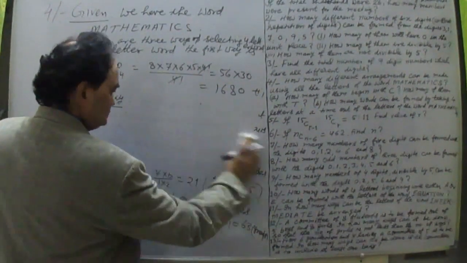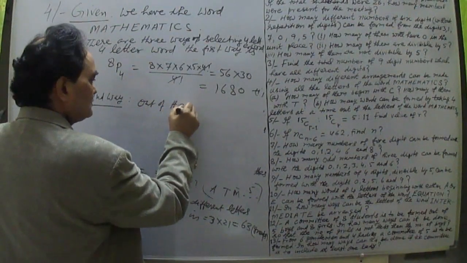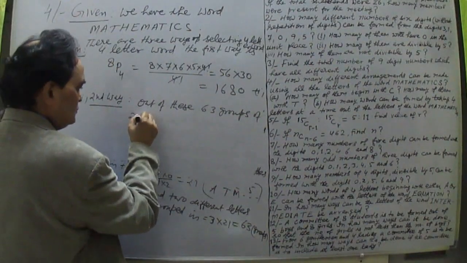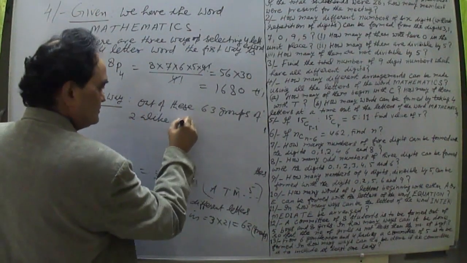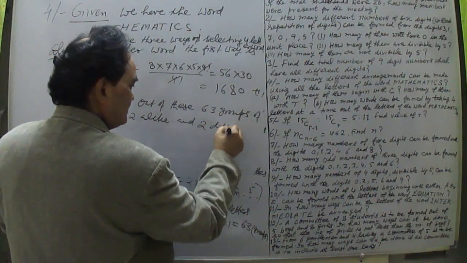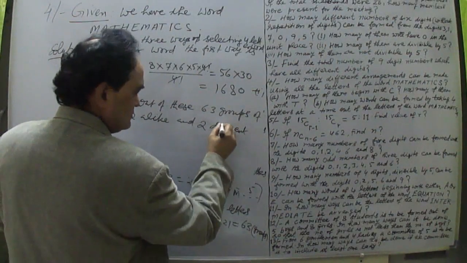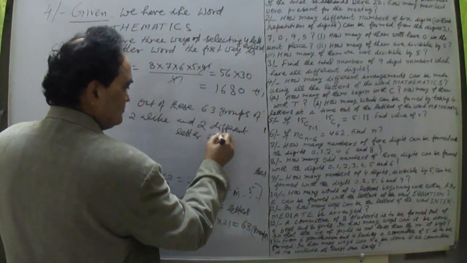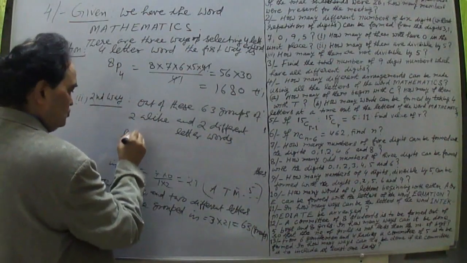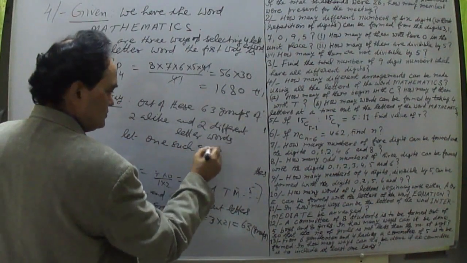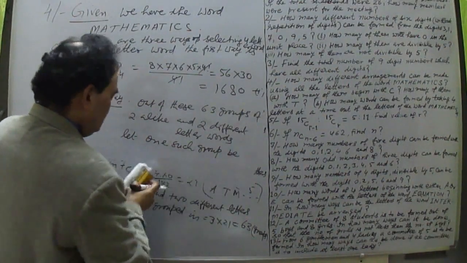Let me take that out of these 63 groups of two alike or two similar and two different letter words, let one such group be taken.